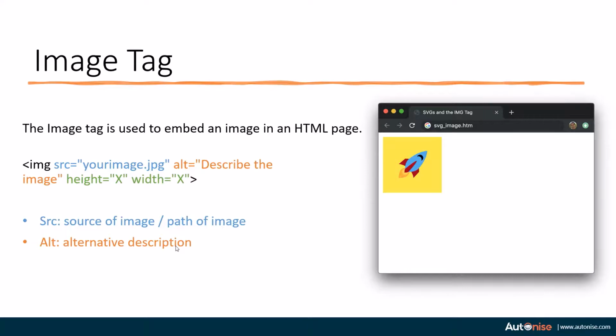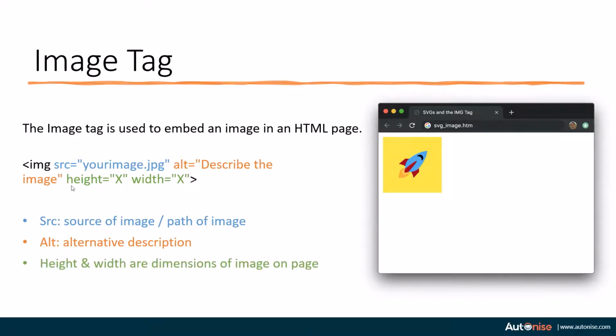Let's say your image is corrupt or your server is currently down and you're not able to fetch the image. At that moment, your image would look very bad. To take care of these scenarios, you can add a description of the image which will be displayed if your image is not rendered properly.